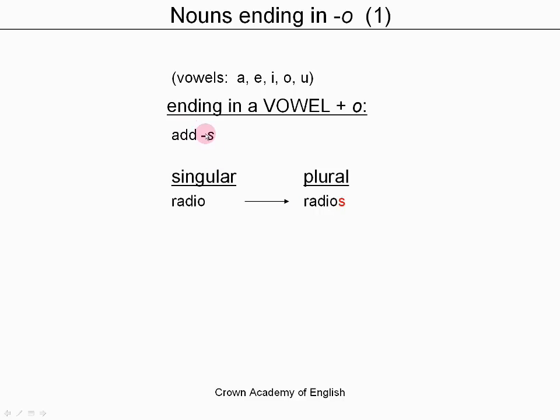We add a letter S. So radio is radios. And zoo is zoos in the plural. So again, the letter O is a vowel, followed by an O, and so we just add a letter S. There are a few other examples of this, but there aren't very many, to be honest with you.